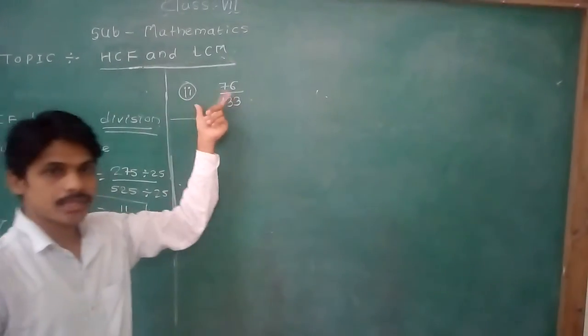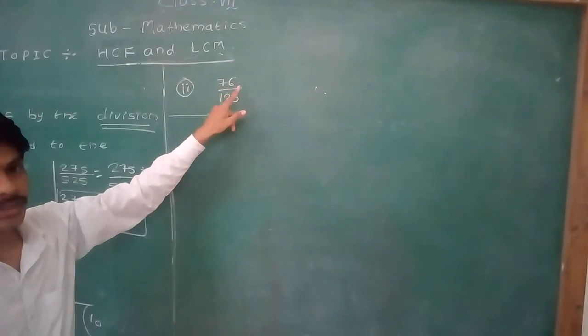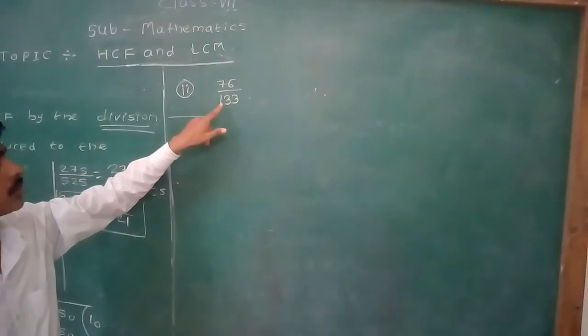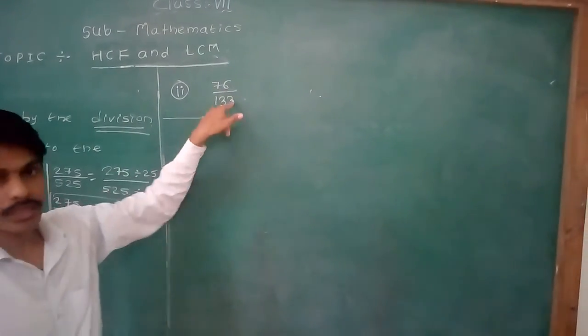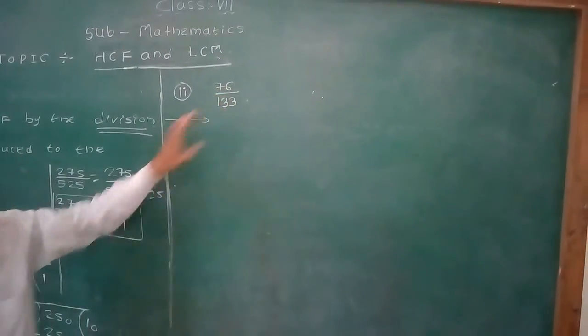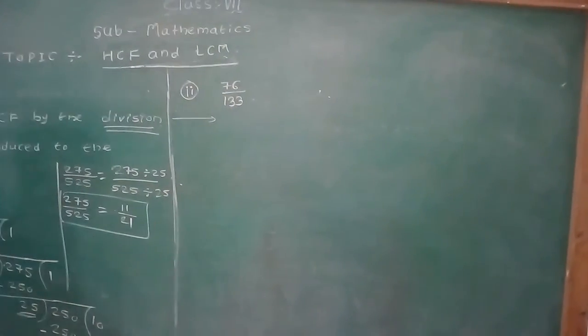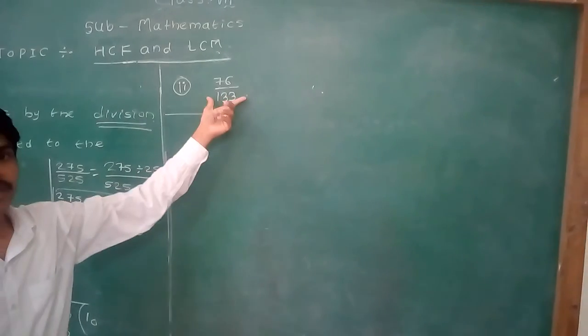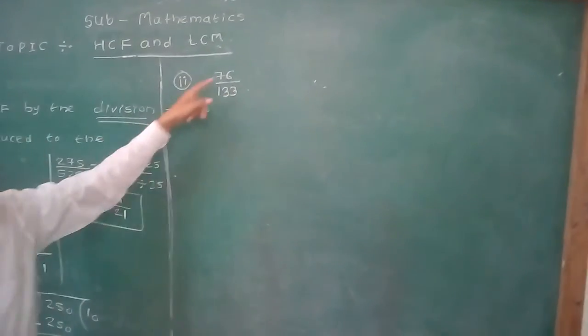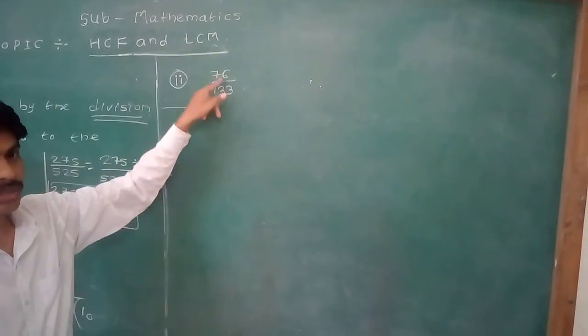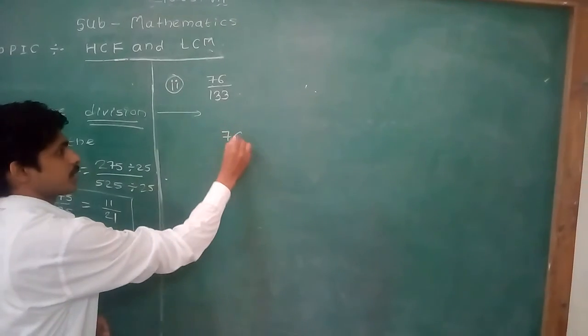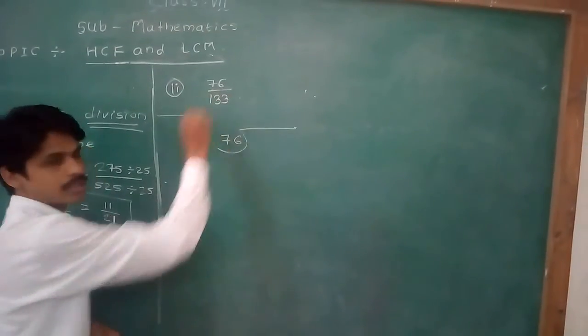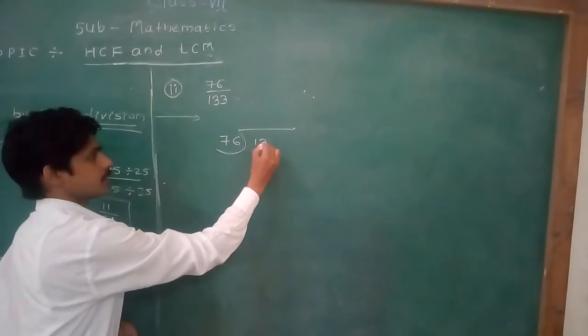Now the second example is 76 upon 133. We have to find the GCD using the division method. The smaller number in these two numbers is 76, so write here 76, and the bigger number is 133.